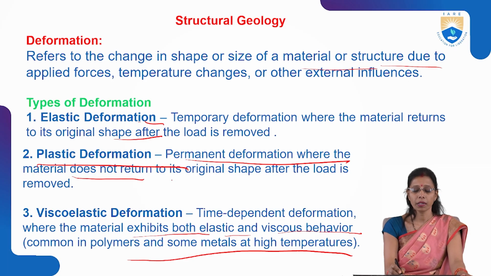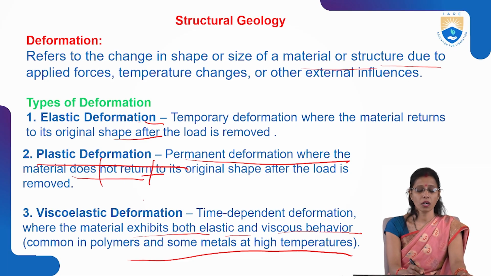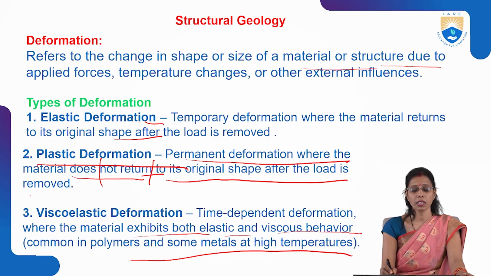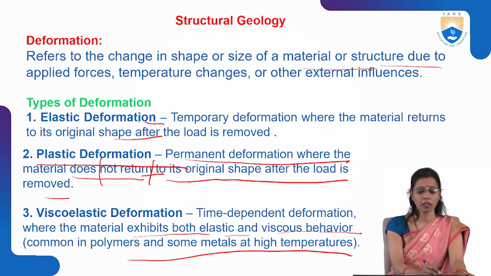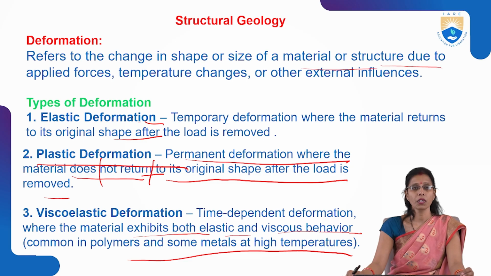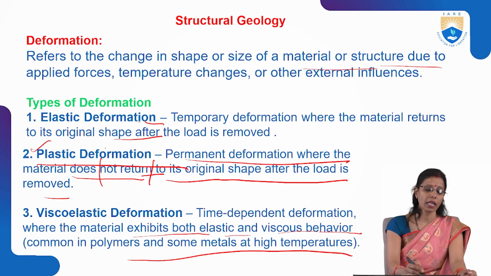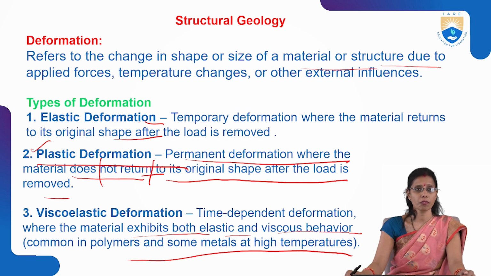Permanent deformation is where the material does not return to its original shape after loading is removed. When some load is applied to a structure or any kind of material, it will compress and remain as it is. That kind of behavior we call plastic deformation.